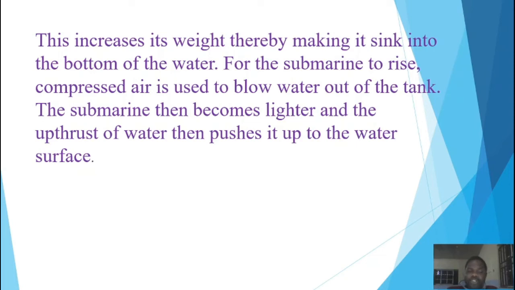So as the water is going out, the submarine becomes lighter. And as it is getting lighter, the upthrust of the water will be pushing it out, making the submarine come out until it floats completely on the surface of the water.